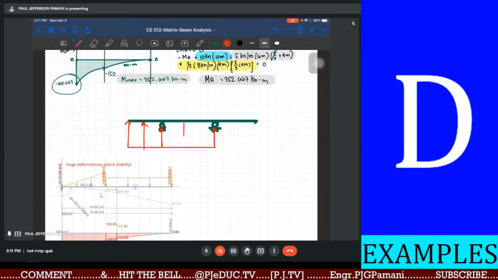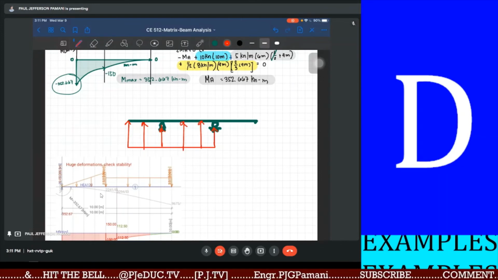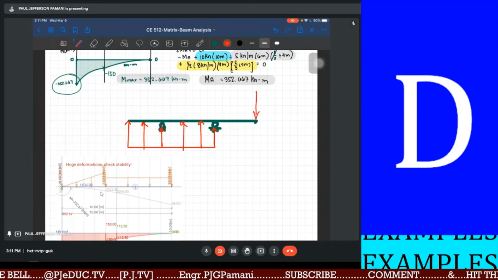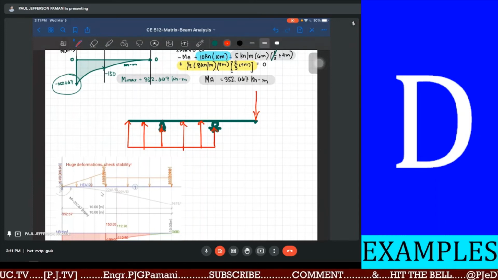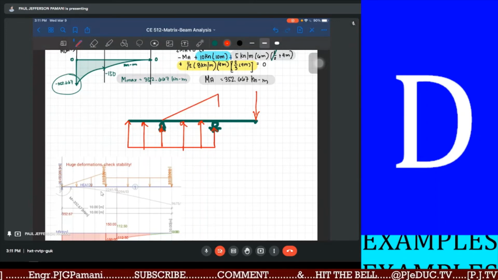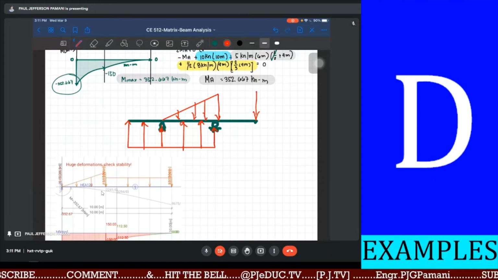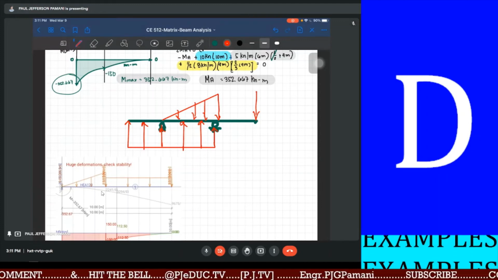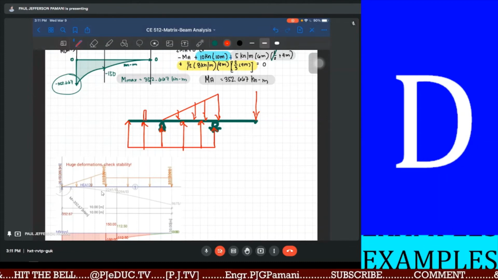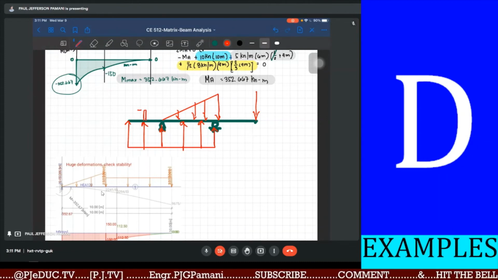Directed upward. Then, lagyan natin ng concentrated dyan. Tapos, lagyan ko dito ng varying. Then, lagyan ko dito ng frame section na merong axial force.